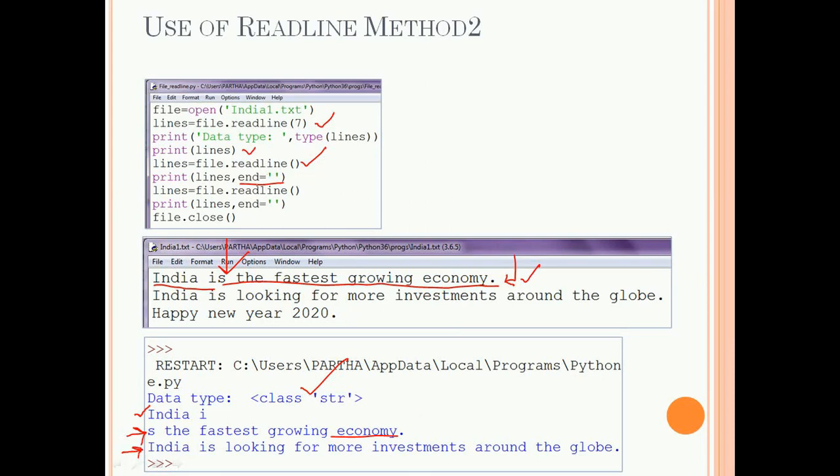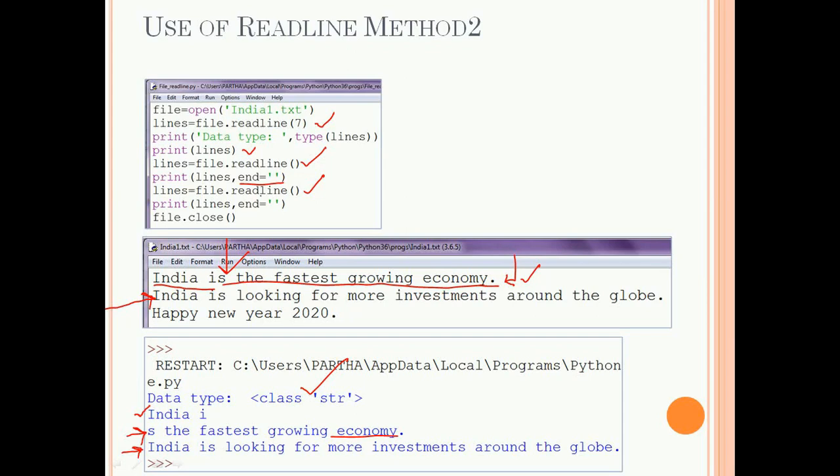And in the print function I mention end equal to quotes. That means no extra new line is created by the print function. That's why no blank lines will be there. After fetching this line, S space the space fastest space growing space economy dot, the file pointer will go here.